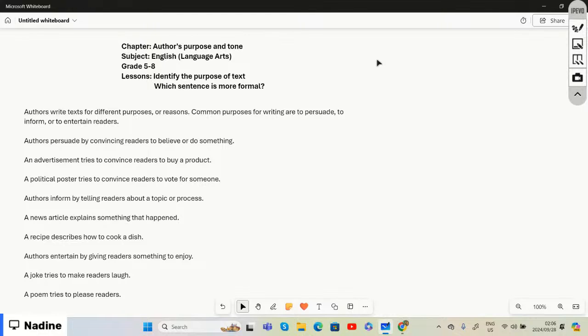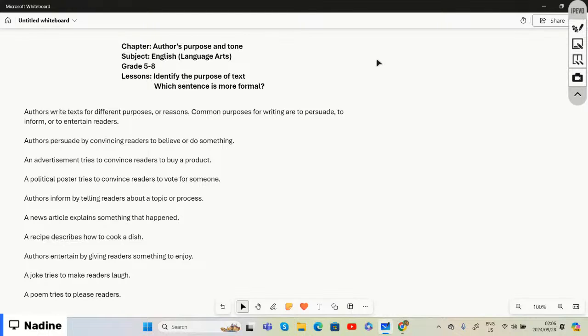All right. So when it comes to purpose and tone, especially the author's purpose and tone. Firstly, an author is like a writer, somebody who, let's say, writes books, who writes articles.